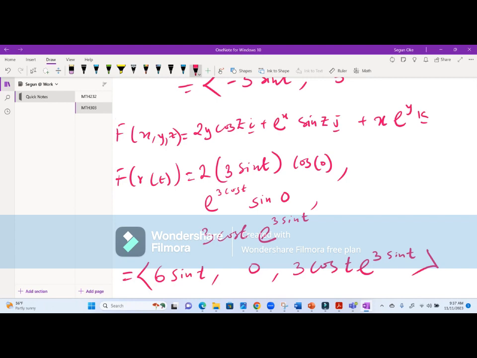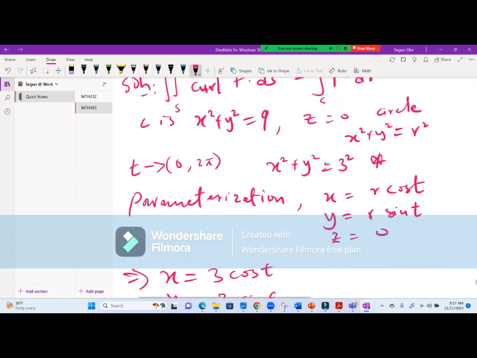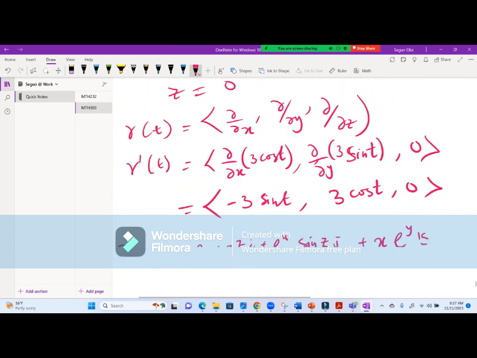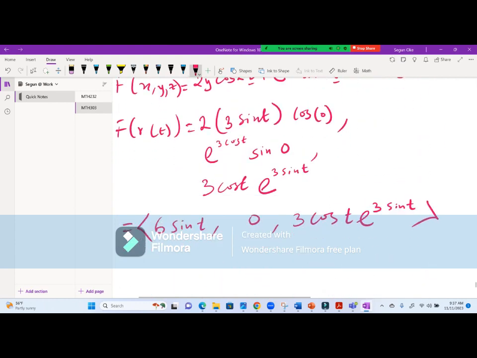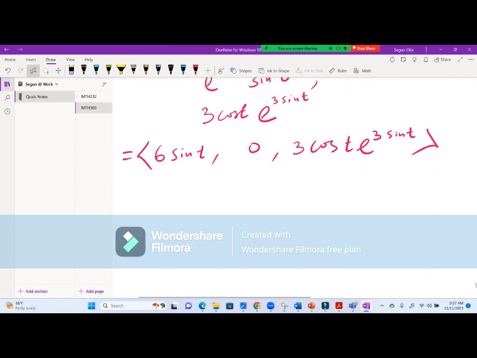And don't forget, we have here the range. Our t is to be what? From 0 to 2 pi, because of the complete circle we're dealing with. So I can say that here is 0 to 2 pi of f of r of t multiplied by r prime of t dt.